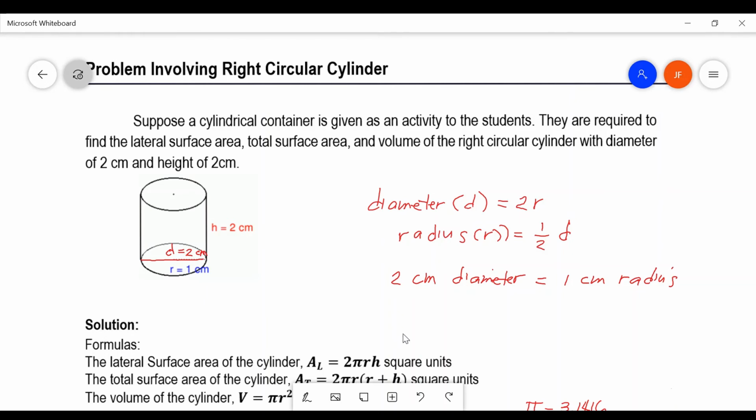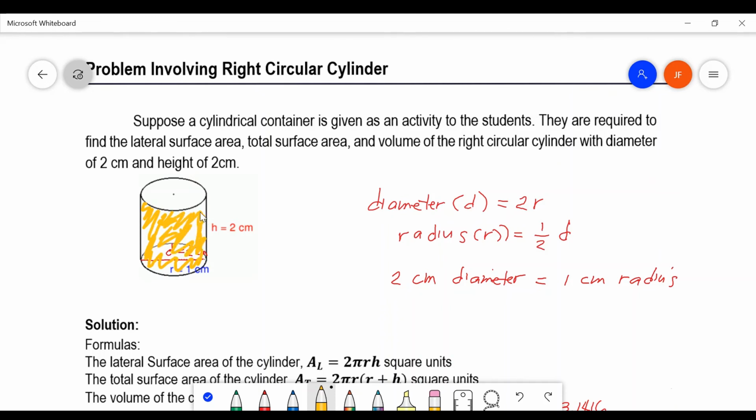Okay, so to recap, the lateral surface area. I'm going to shade it. We are going to shade this one. This is the lateral surface area.